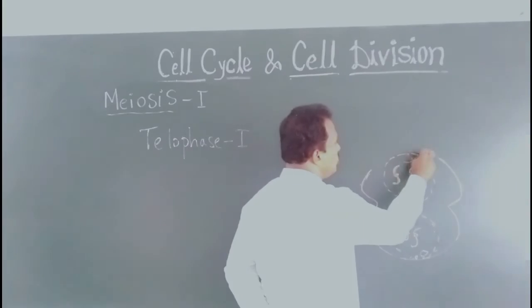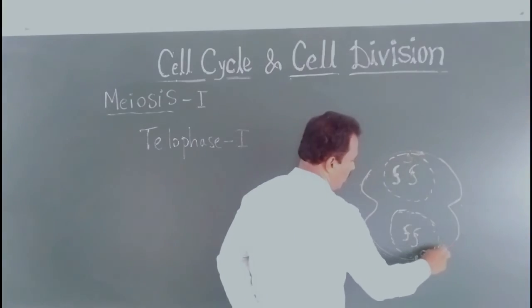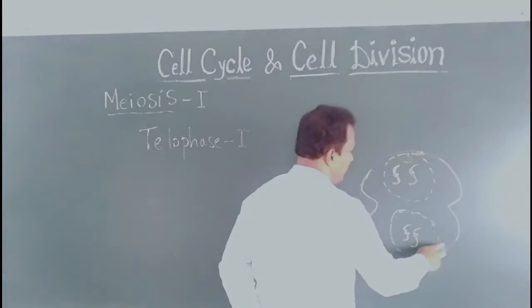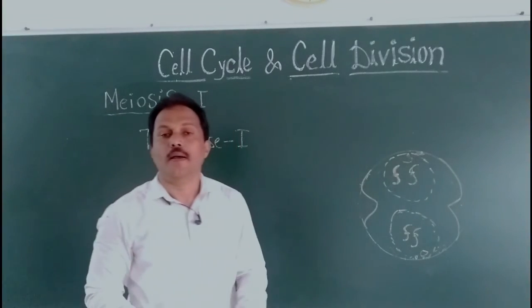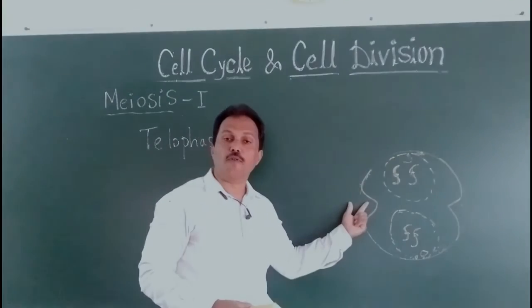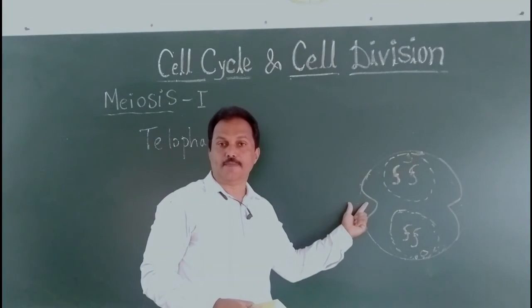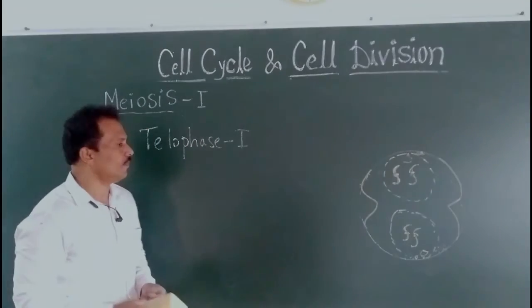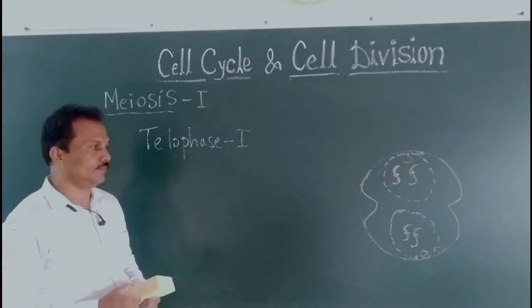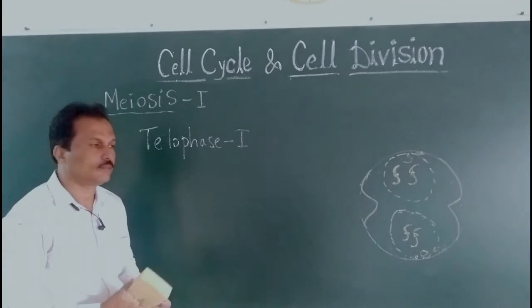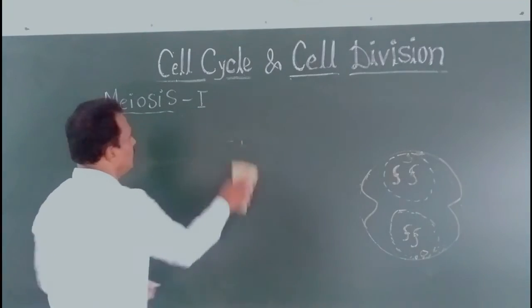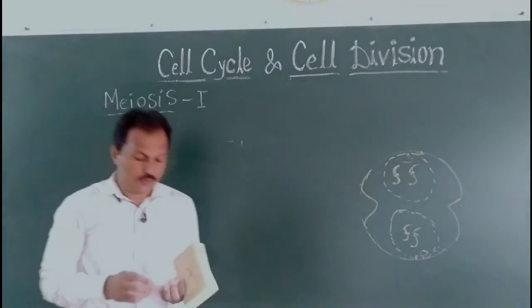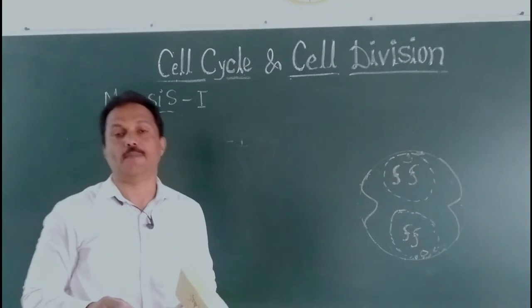The centrosome is already present, and there is formation of a furrow taking place here. So in telophase 1, this is how karyokinesis has taken place.